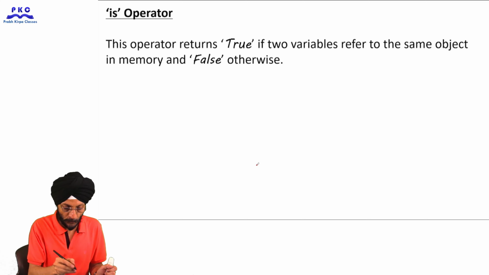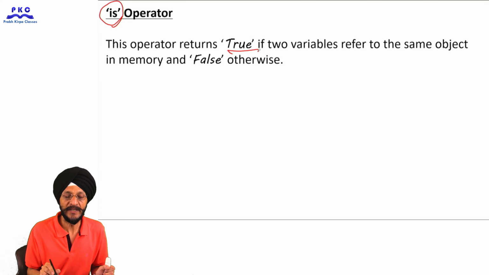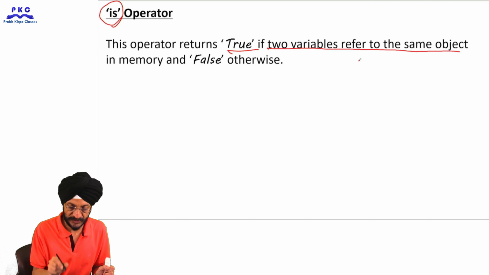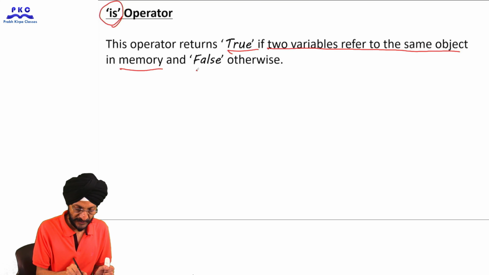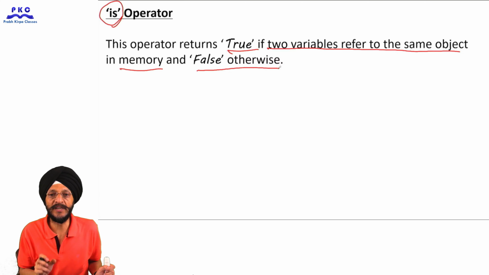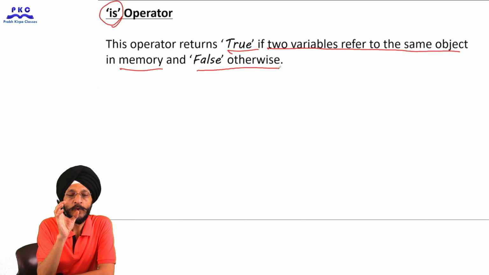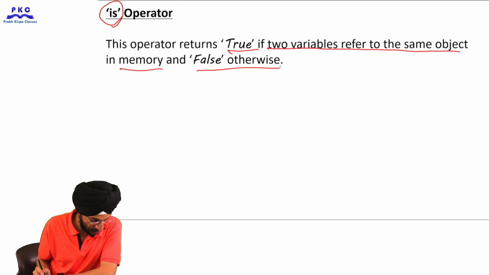This operator returns true if the two variables refer to the same object in memory, and gives the output false if the two variables do not refer to the same object in memory.